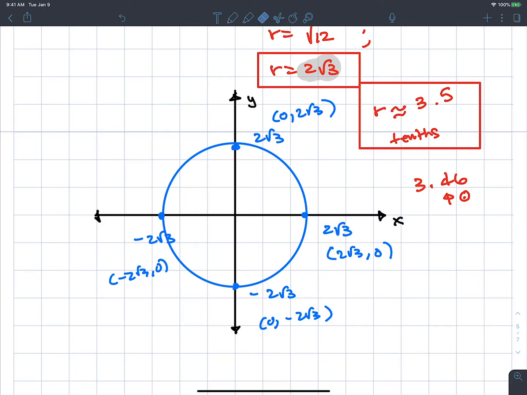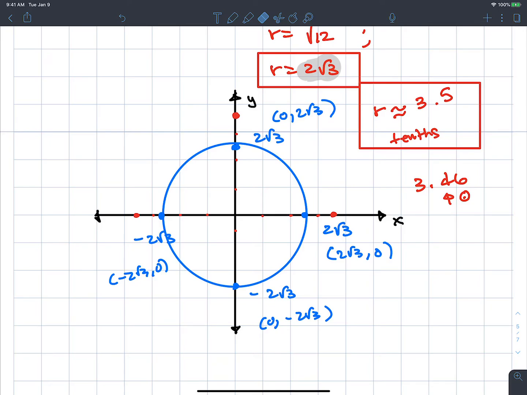So what I'll do here now, maybe in red, so you can compare and contrast. Go to the right, 1, 2, 3 and a half. Go to the left, 1, 2, 3 and a half. Go up, 1, 2, 3 and a half, and go down, 1, 2, whole units.